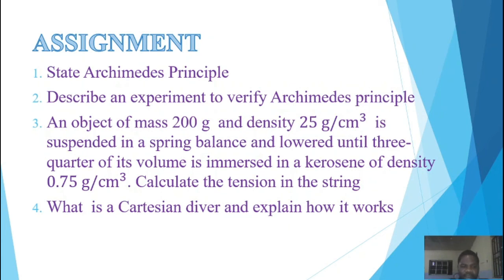Then number 3, an object of mass 200 gram and density 25 gram per cm cube is suspended in a spring balance and lowered until 3/4 of its volume is immersed in a kerosene of density 0.75 gram per cm cube. Now calculate the tension in the string. Number 4, you say what is a Cartesian diver and explain how it works.